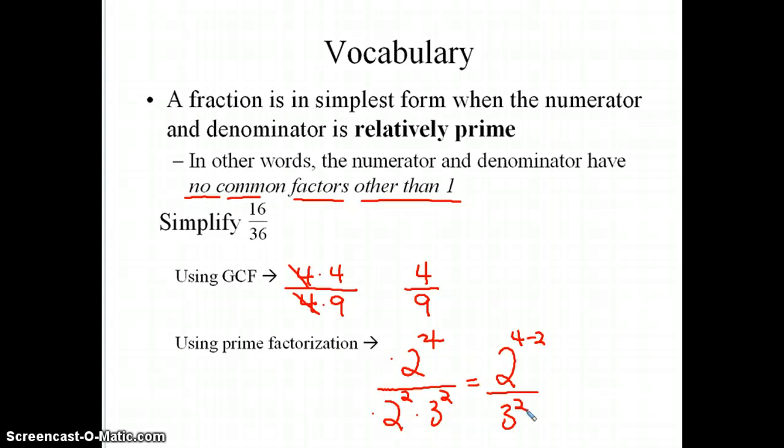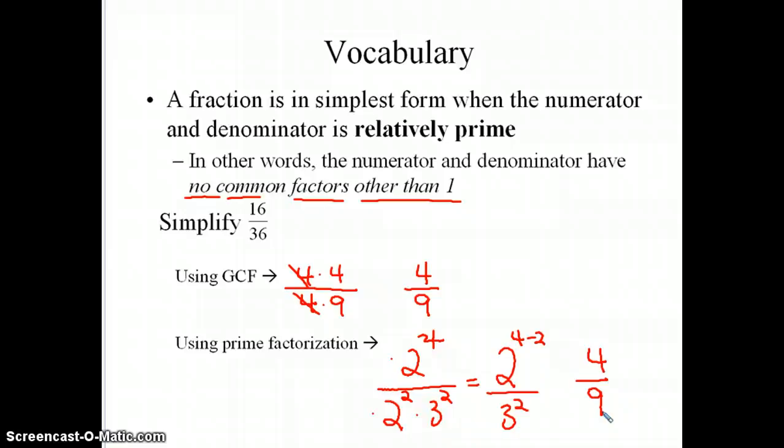If I simplify 4 minus 2, I get 2. 2 squared is 4 over 9. So both methods work lovely for simplifying a fraction. We'll be using both of these ideas when we are simplifying algebraic fractions.